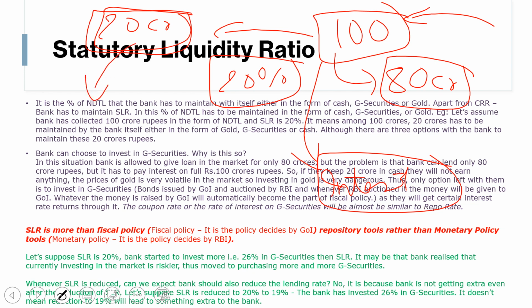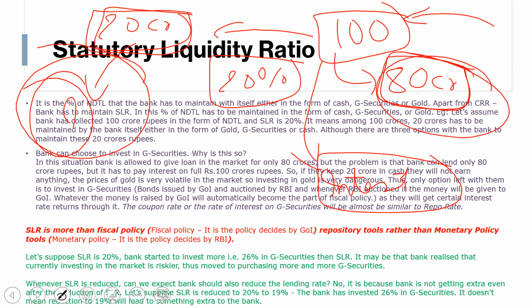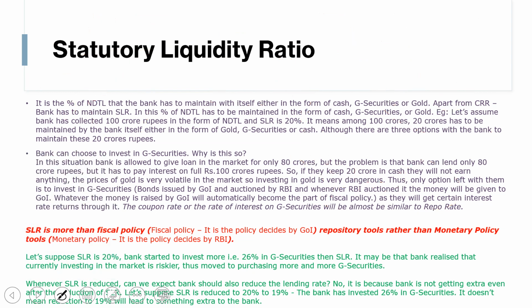So how will the bank pay interest on this 20 crore, as the bank can lend only 80 crore in the market? In that case, the interest will be managed so that the 20 crore is also covered and the 80 crore is also covered, and overall the interest on the 100 crore will be paid to the customer. That thing is explained here. That's why the bank has to lend 80 crore in the market.